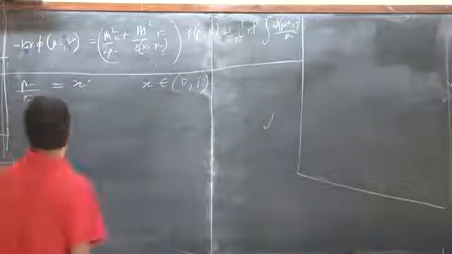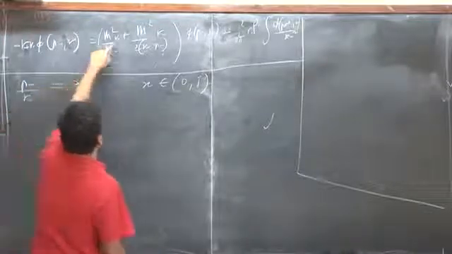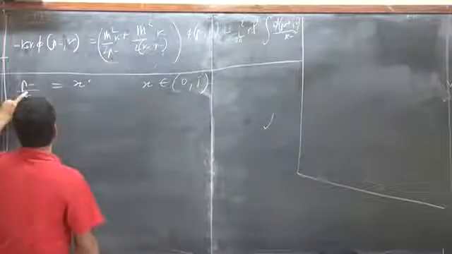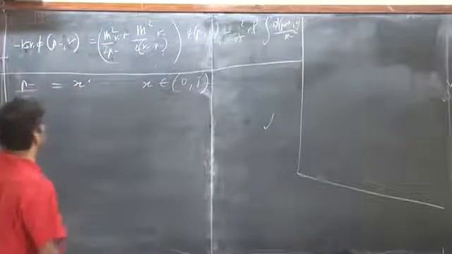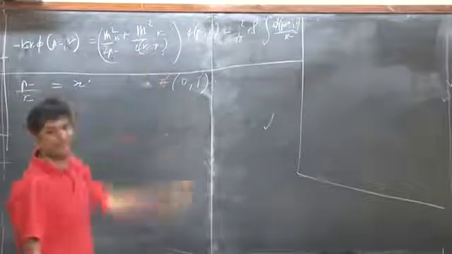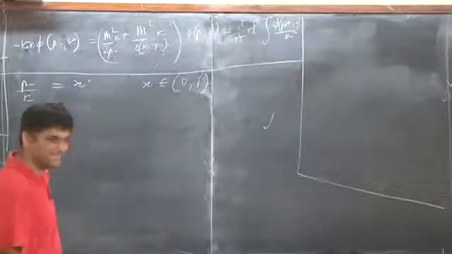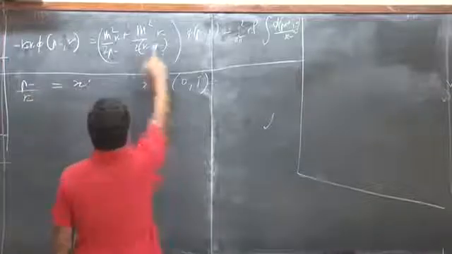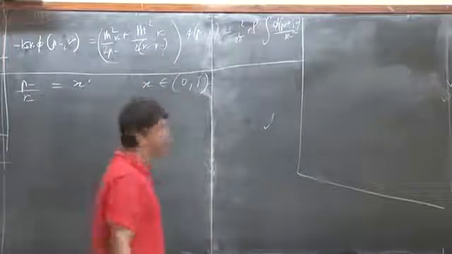Now, r minus divided by p minus is 1 by x. It can also be written in terms of 1 minus 1 by x.